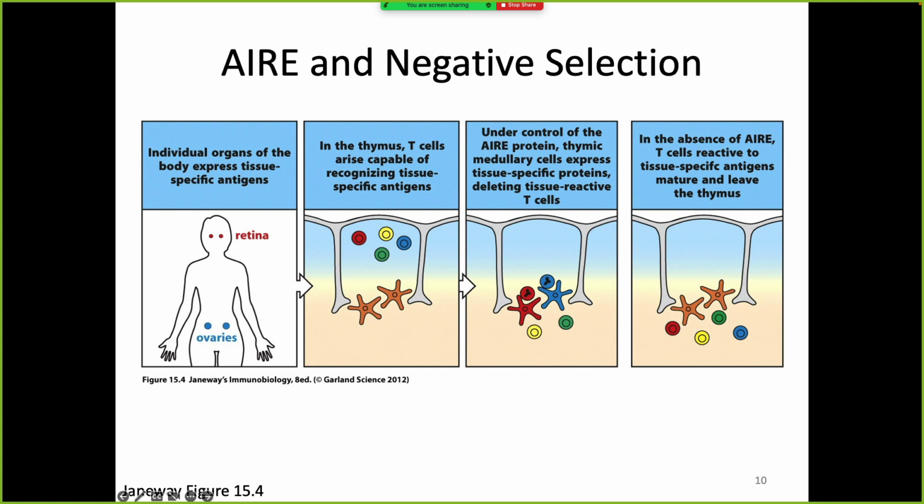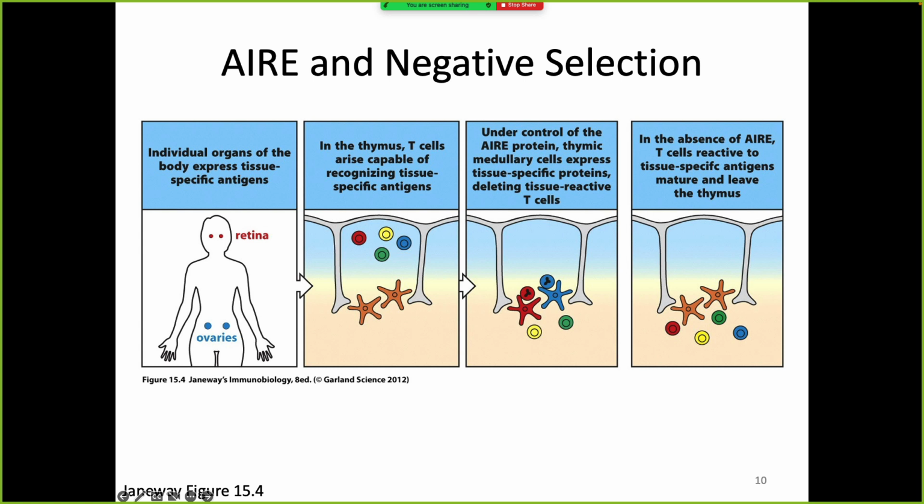except for the cells of the thymus. So cells in the medulla of the thymus also make those tissue-specific proteins. So you can see thymic medullary cells express tissue-specific proteins. So basically, the cells of the thymus medulla not only, yay, make MHC class II, they also transcribe and translate every protein that you have.